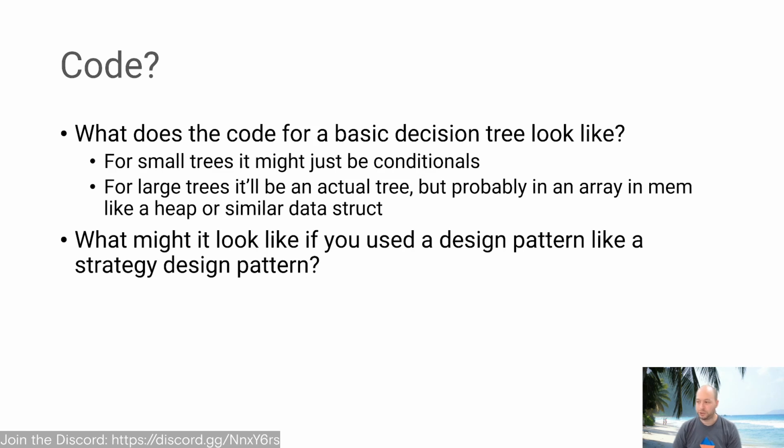But for a larger thing, you might want to have a true graph type of architecture with many edges, maybe even probabilistic edges. Maybe it looks more like a Markov decision process. You might want to store this in an array, or perhaps in a memory structure like a heap or a binary tree. There's a lot of considerations about how to actually turn this into implementation.